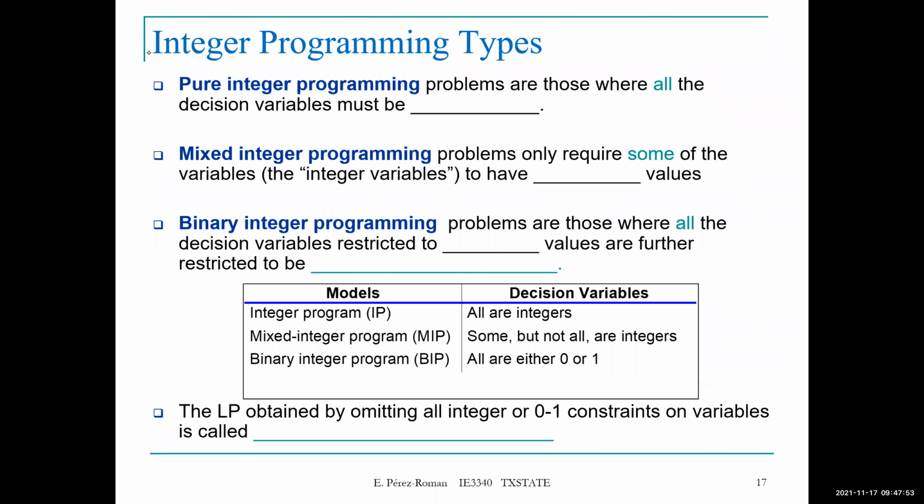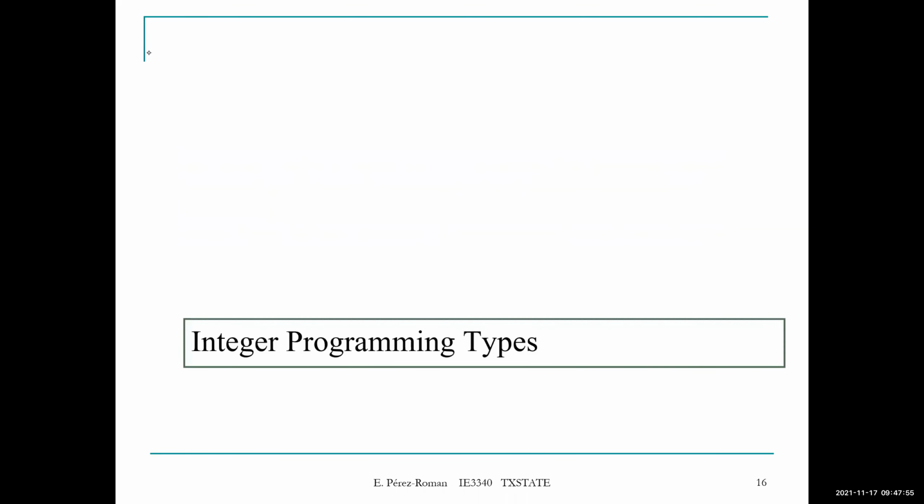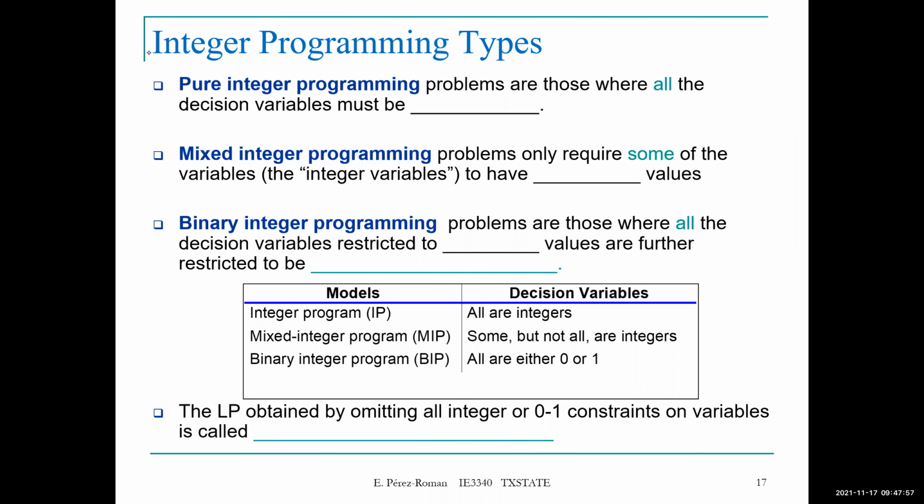So before we get into that, as I mentioned, there are different types of integer programming models. There are pure integer programming problems, which are those where all the decision variables must be integers. And something that I always like to mention is what we are learning in class right now is the latest methods that have been developed, but there's continuous research on solving this type of problems.